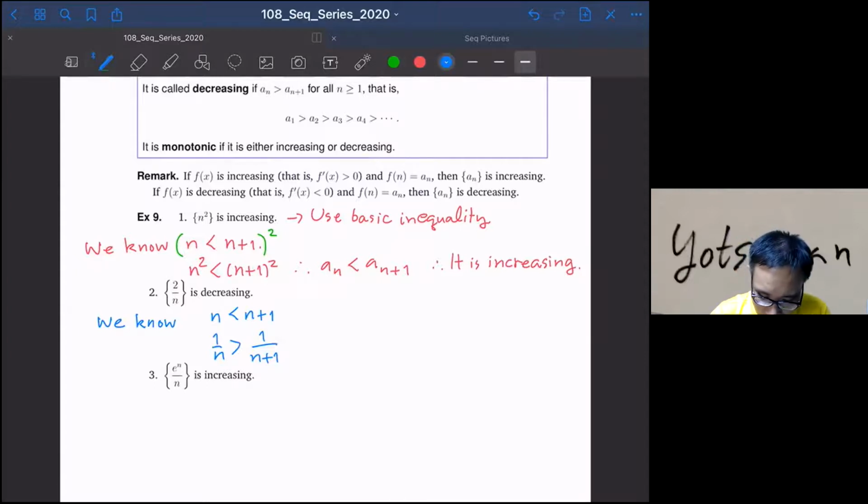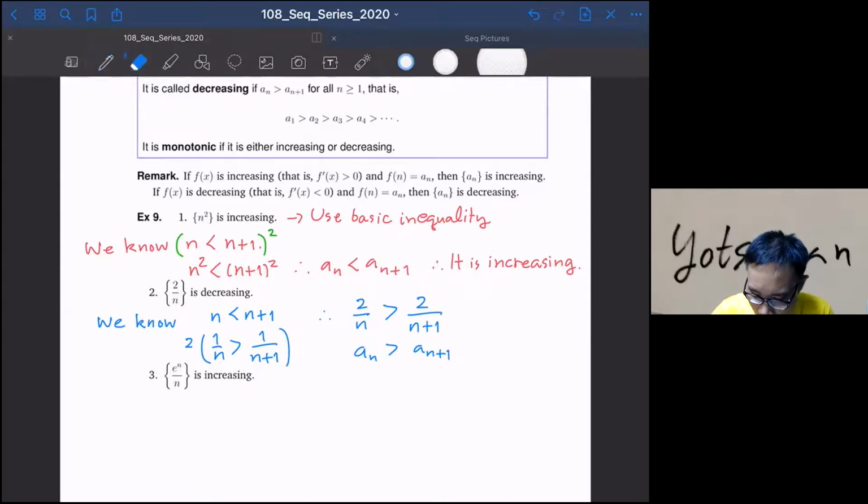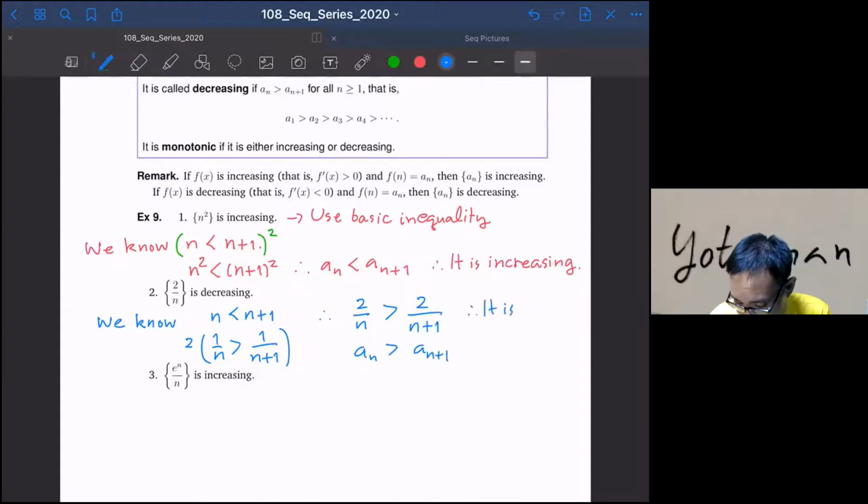Then multiply the whole thing by 2, so you get 2 over n more than 2 over n plus 1. So an is more than an plus 1, and this says that the sequence is decreasing.